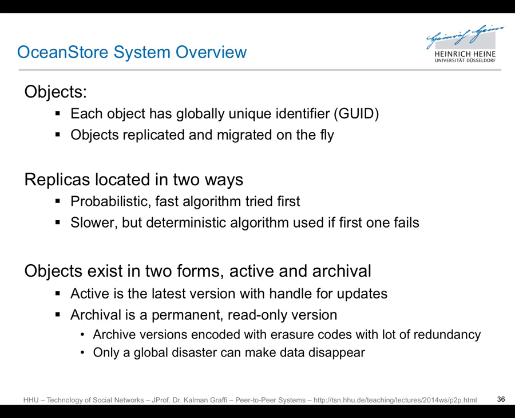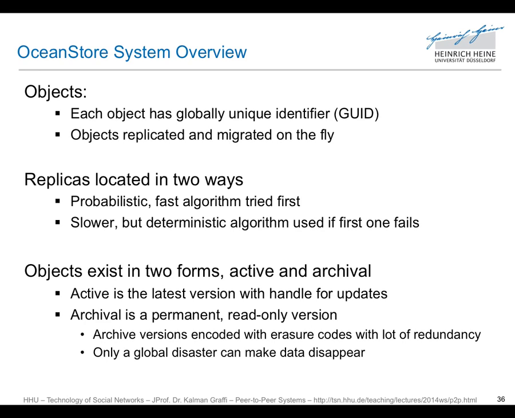Okay, so we have two types of replication and two types of data. Here the data is considered to be either active, that means for active data changes are allowed, or an archival read-only version where changes are not allowed.